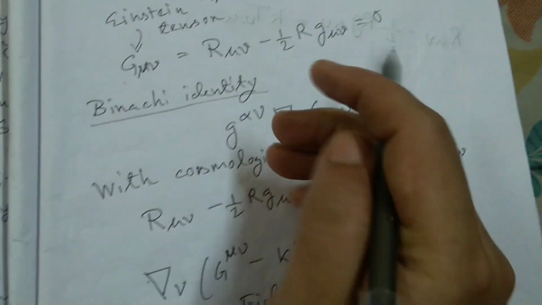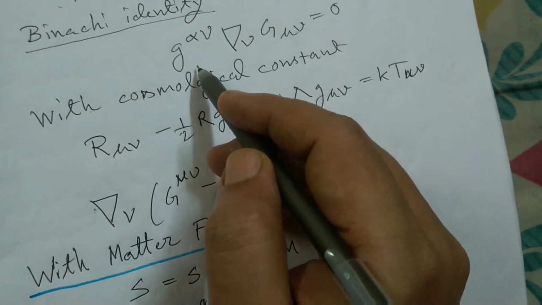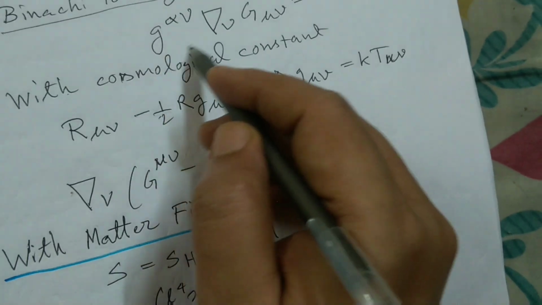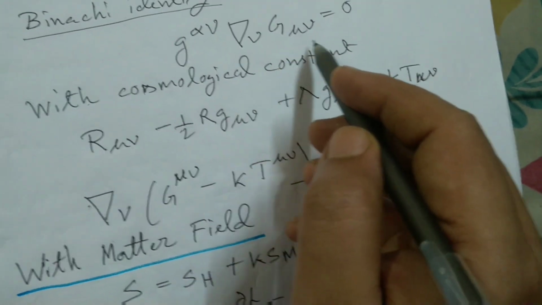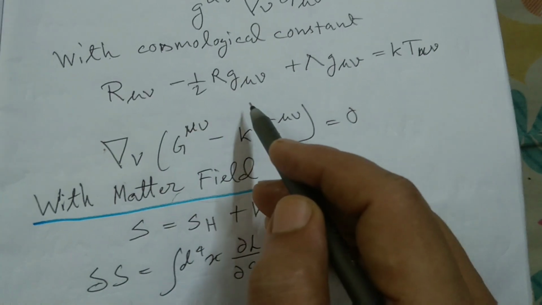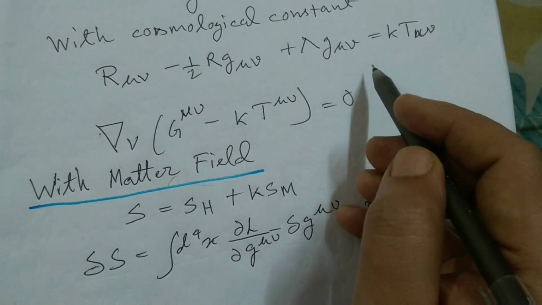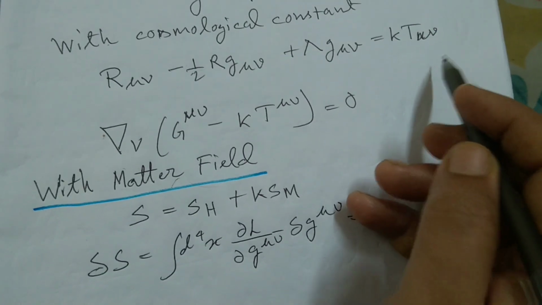And Bianchi identity, friends, I have already discussed in my channel. Then you can understand with cosmological constant, R mu nu minus half R G mu nu plus lambda G mu nu is equal to K T mu nu.